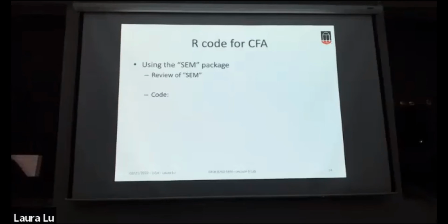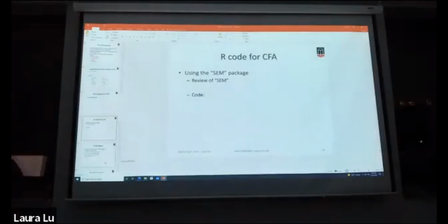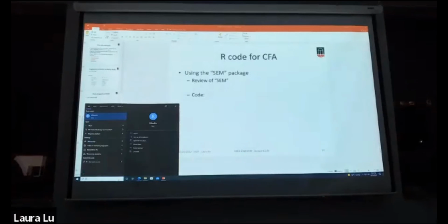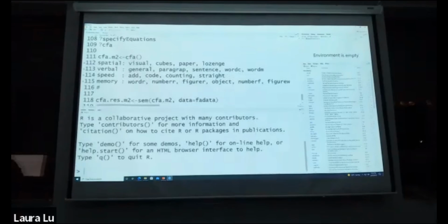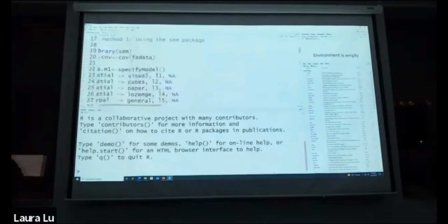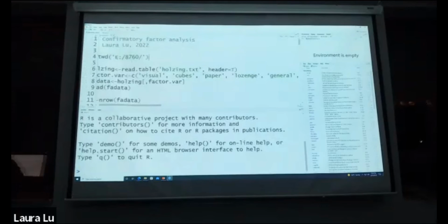So let's go back to RStudio. You're going to open RStudio and download the code named CFA.R. That's here. And of course, you're going to prepare your data, make your data ready.